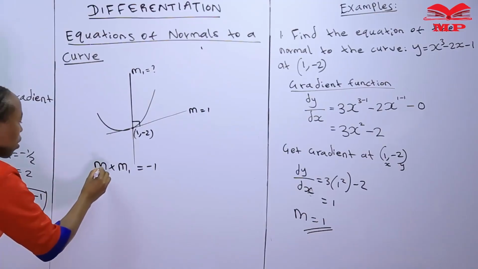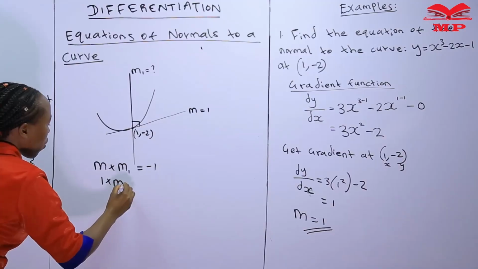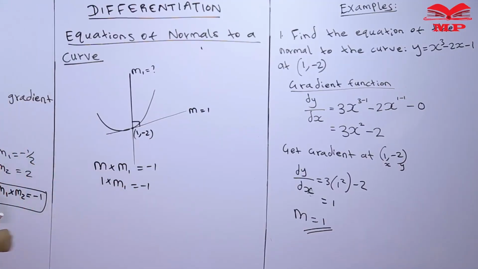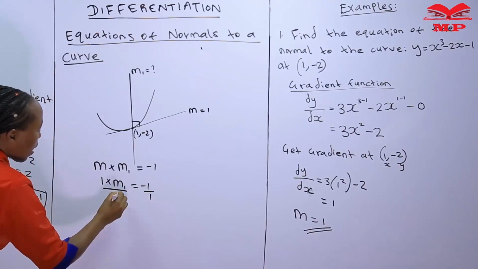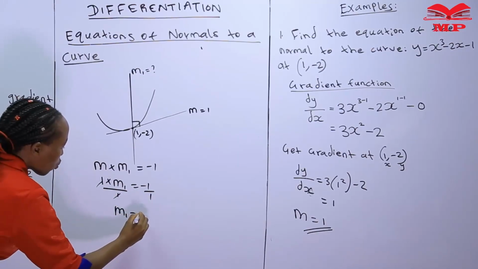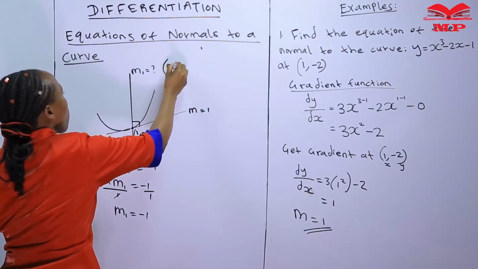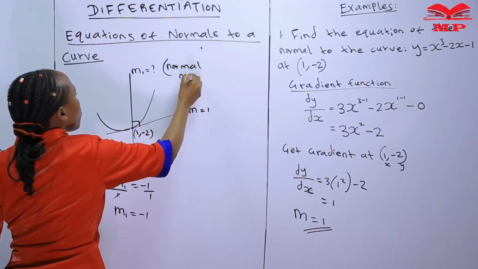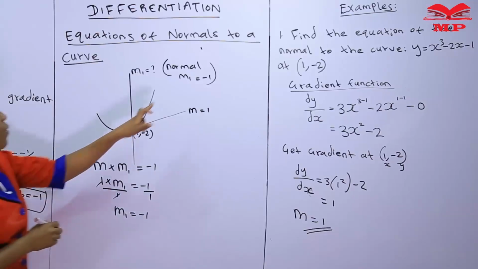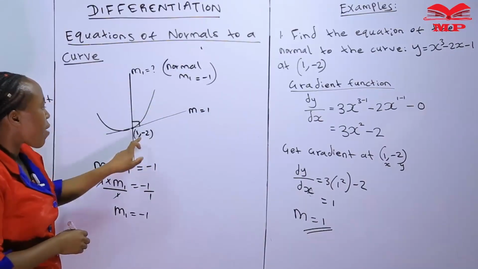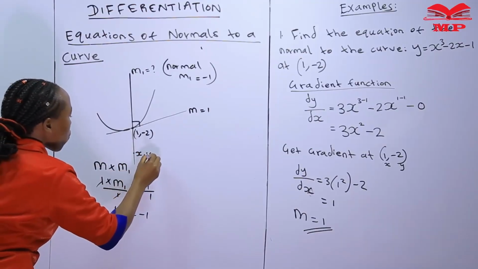Therefore, the gradient of the tangent is 1, multiplied by the gradient of the normal should be -1. So for us to get the gradient of the normal, we divide by 1. Therefore, our m1 should be equal to -1. So the gradient of the normal is -1. Now we have the gradient of the normal, we have the point 1, -2, and we can get another point which is an imaginary point x, y.